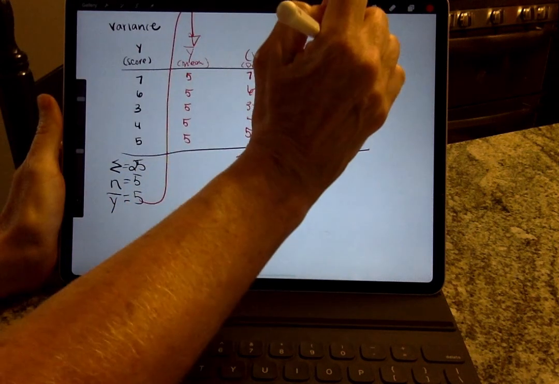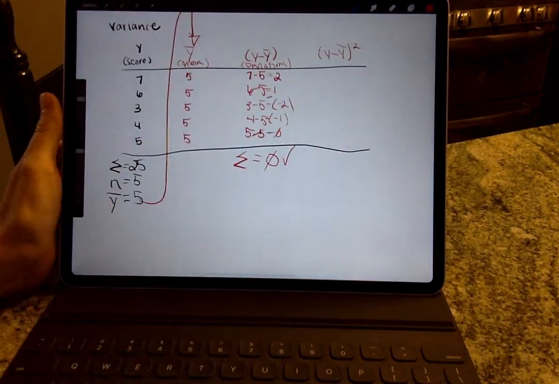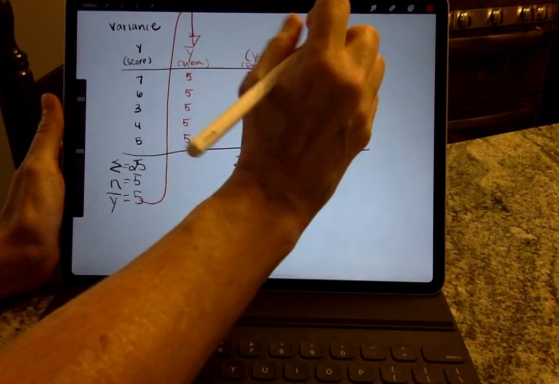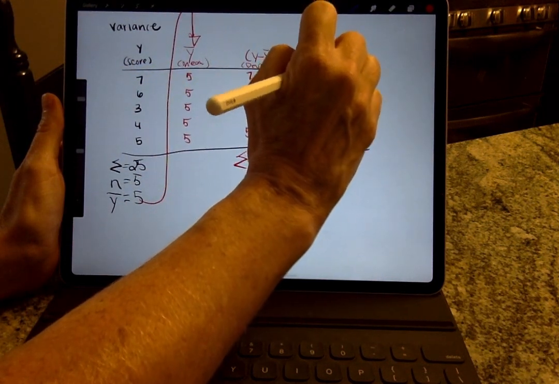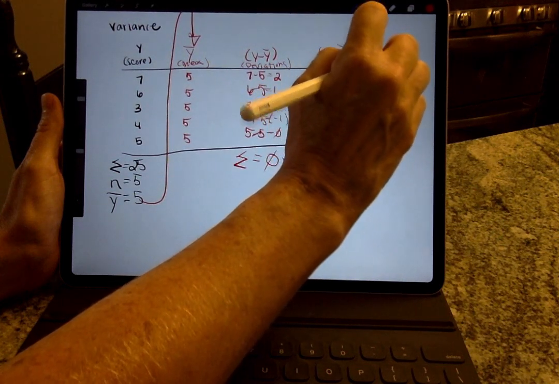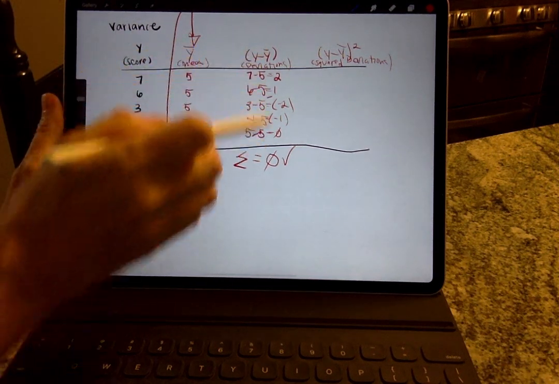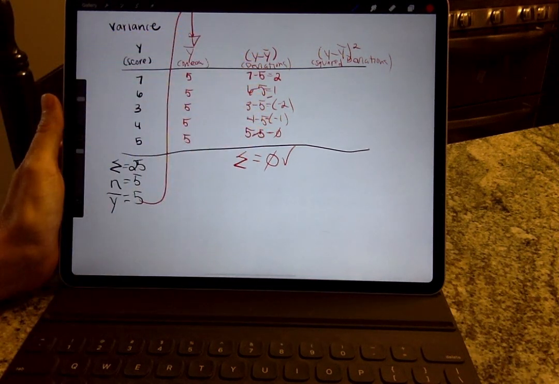All right, the last thing we're going to do here is we've got one more column, and this column is y minus y bar squared. Basically, we are squaring these deviations. We're going to square each one of the numbers we calculated in the third column.